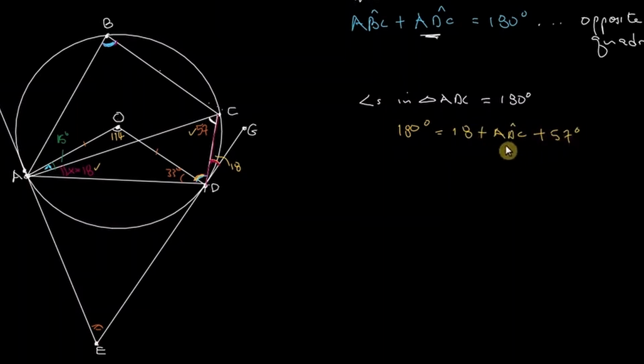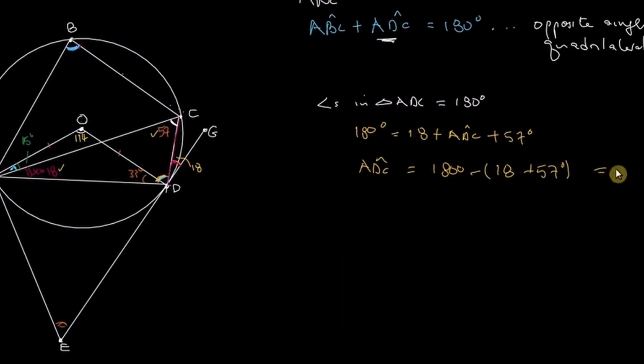So we have one unknown in this equation, where ADC then works out to be 180 degrees, subtract 18 degrees and 57 degrees, and we are left with 105 degrees for the angle ADC.